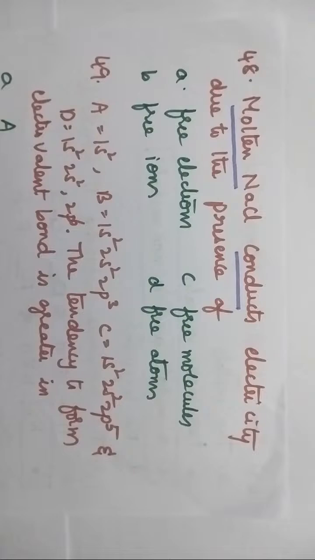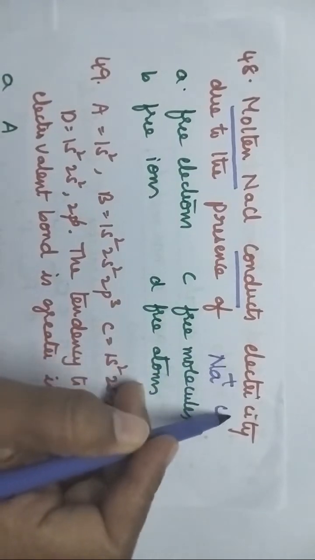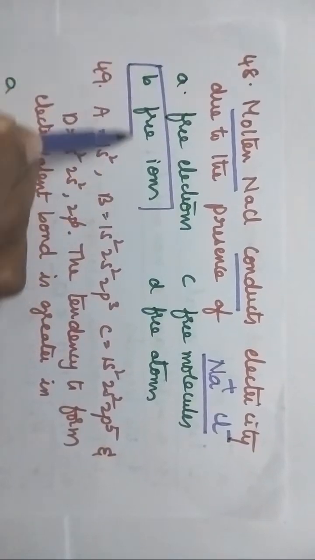Molten NaCl conducts electricity due to the presence of. Free ions. So option B is the right answer.